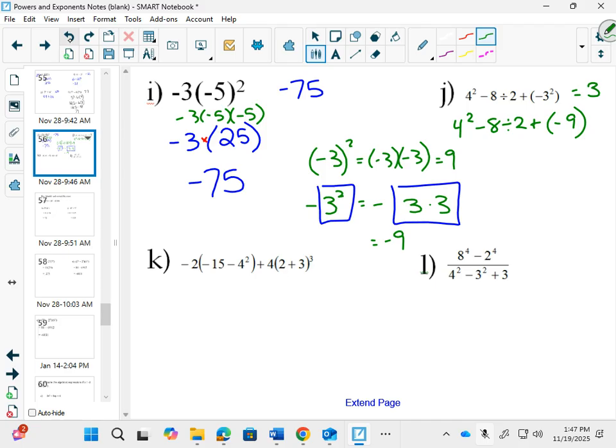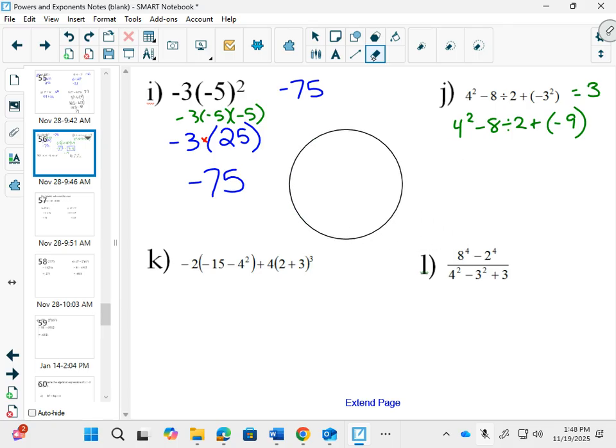Because order of operations says you do the exponent first, and in the second one, the exponent only touches the 3. It doesn't touch the negative. So you have to do the 3 times 3 first and get 9, and then put a negative in front afterwards. Okay, so I'm going to erase that again. Next, now the brackets is just holding a number.